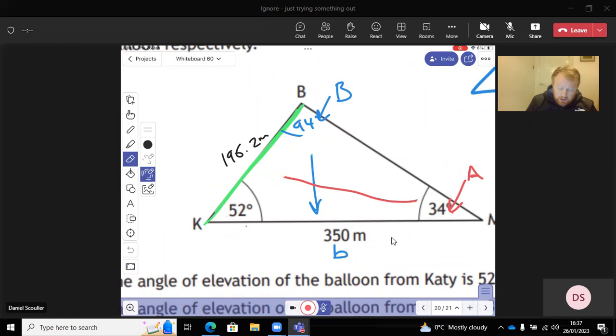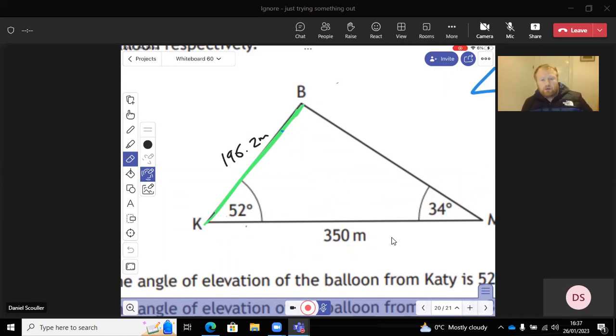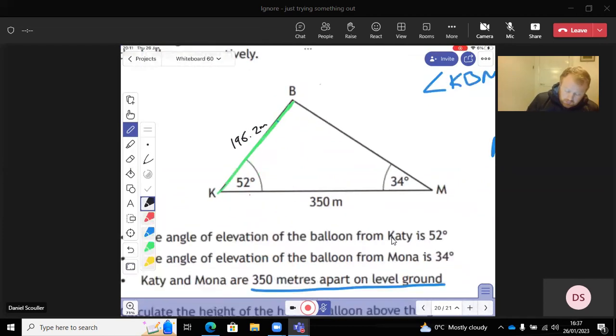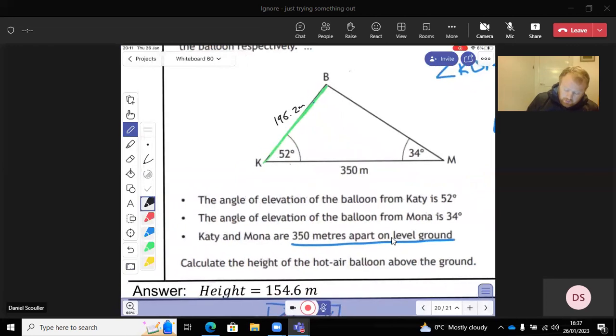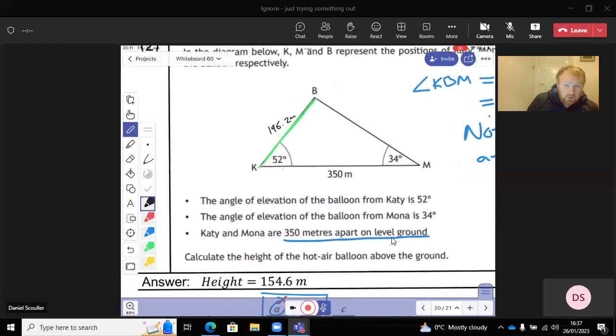I'm going to tidy up my triangle, because I'm going to use some of it. So I've worked out that missing side. Let's go back to what the question's asking. Calculate the height of the hot air balloon above the ground.